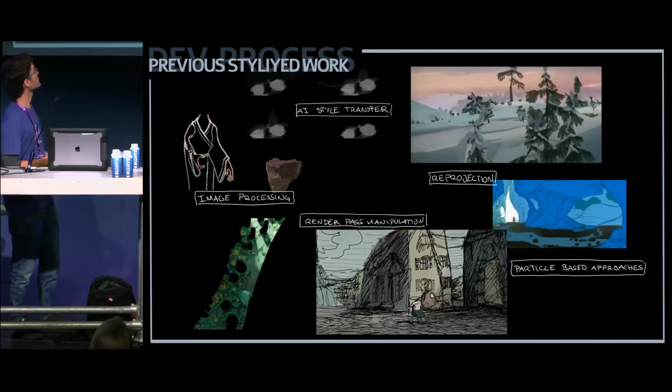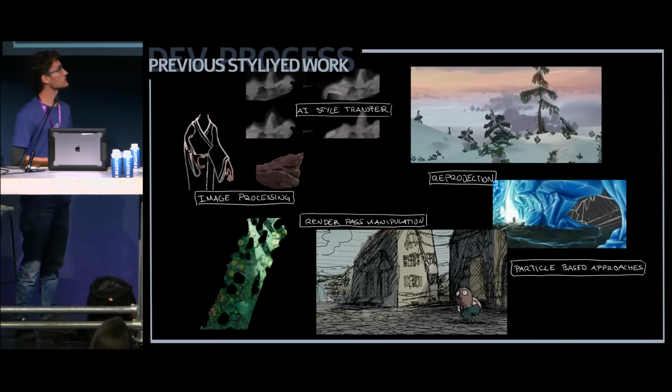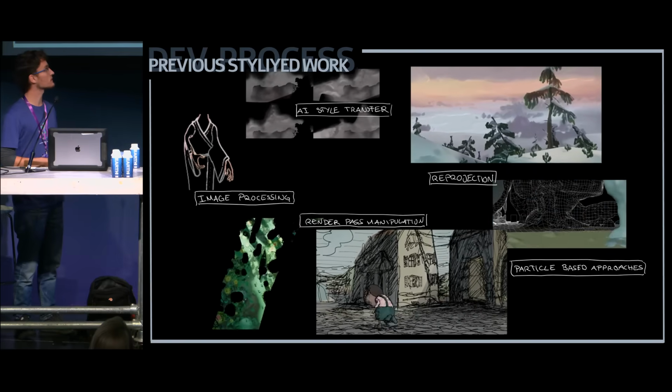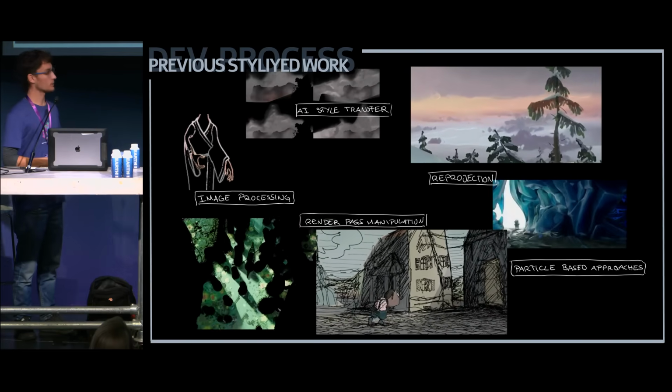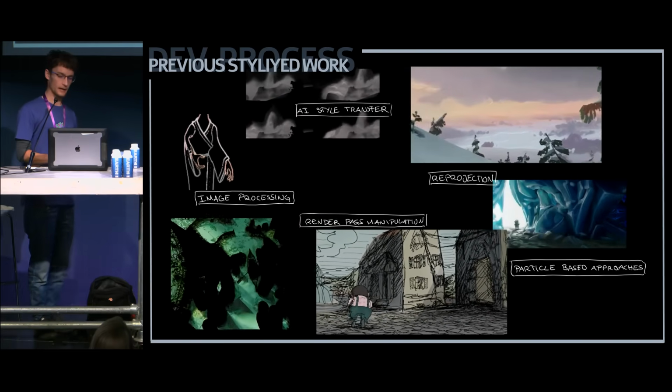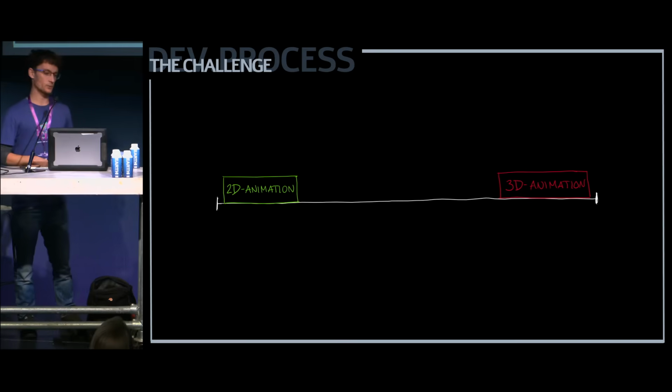So I tried things like image processing, AI style transfer, reprojection workflows, particle-based approaches, and render pass manipulation, but I noticed that with a lot of these workflows, you usually work in either a 2D or a 3D workspace.